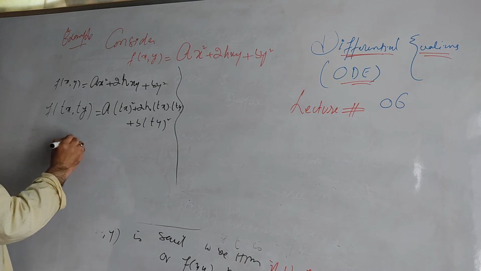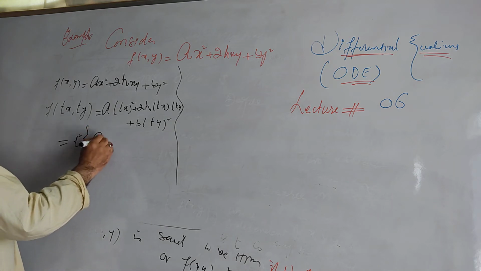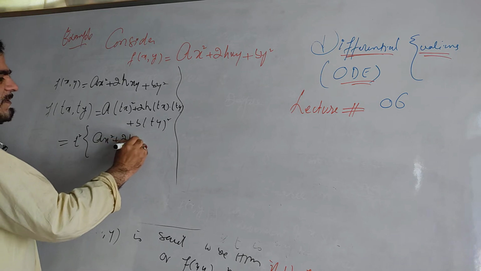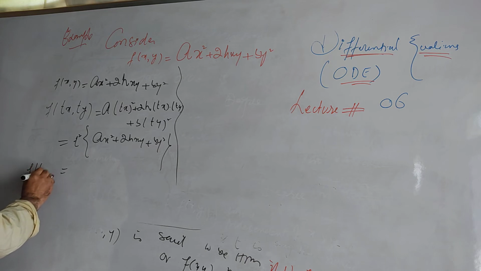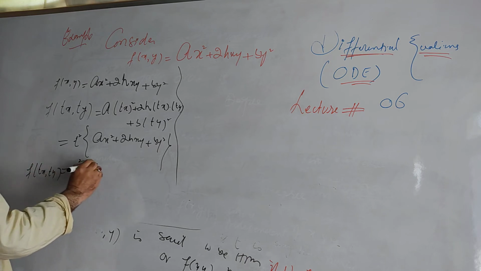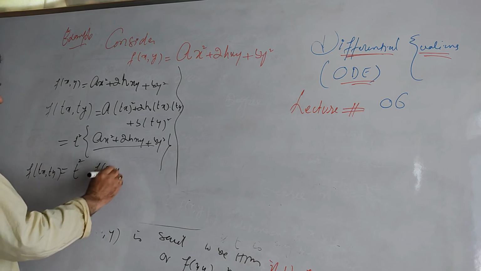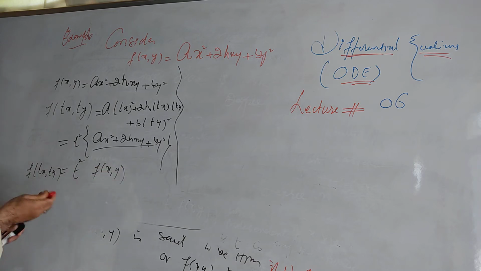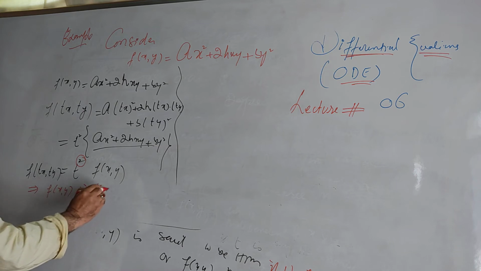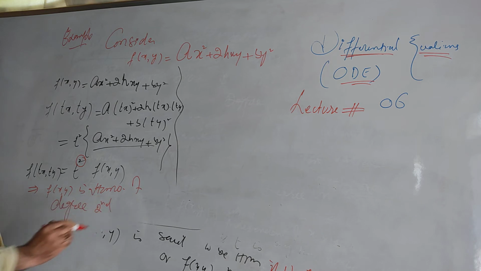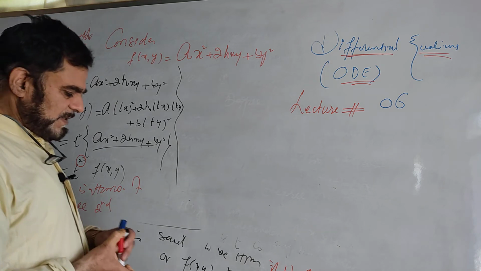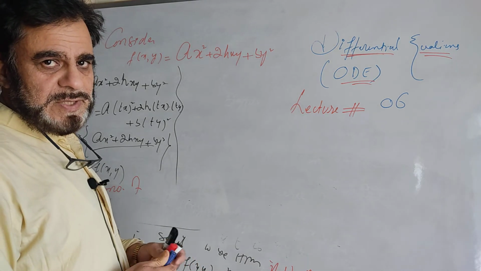It is t square out: t square times ax square plus 2hxy plus by square. So you get f of tx, ty equal to t square f of x, y. Applying the definition, the power of t is 2, so f of x, y is homogeneous of degree 2.